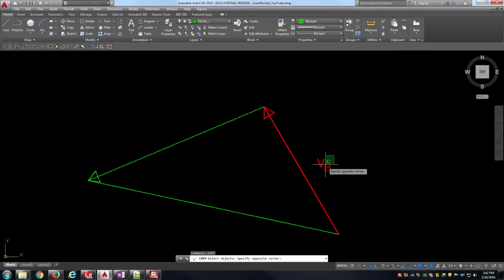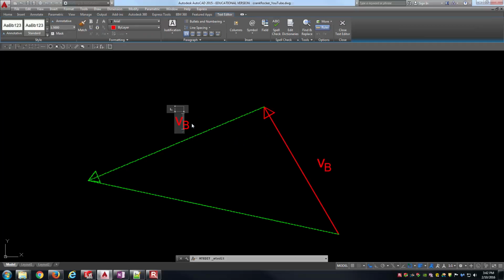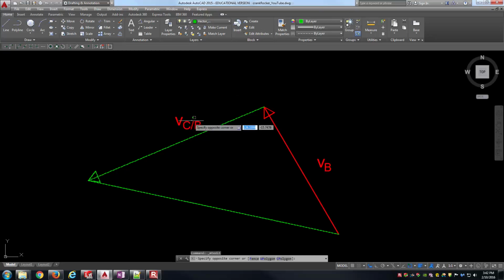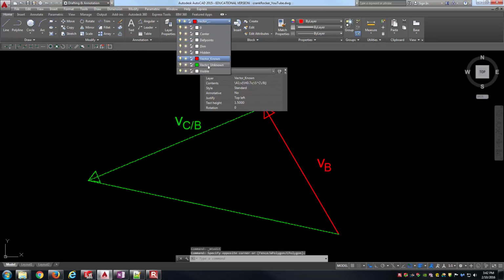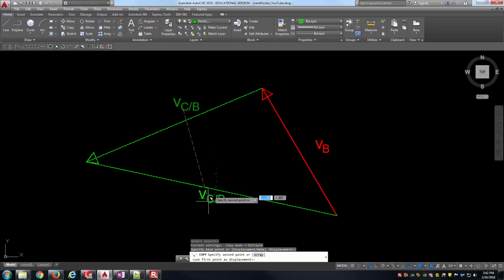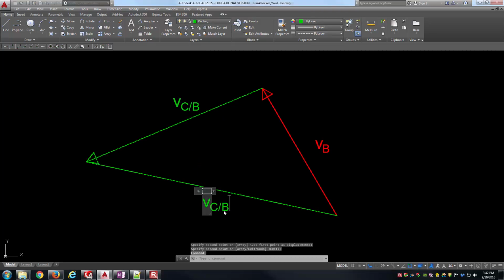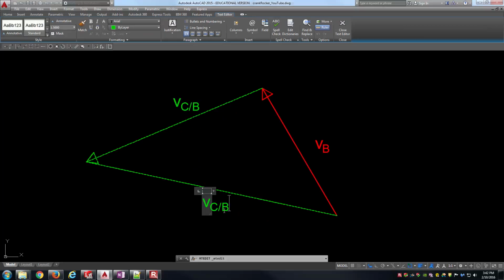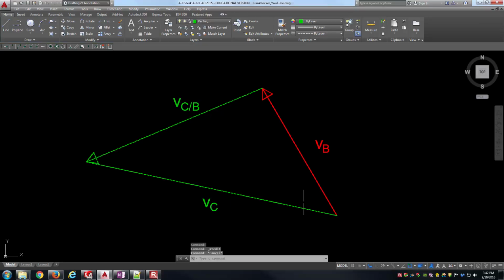Let's go ahead and copy this so we can have a label. And let's put that on the green layer here. And the second one is the velocity of C. And there's our label here.